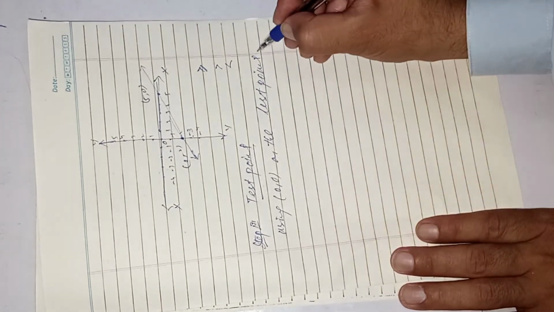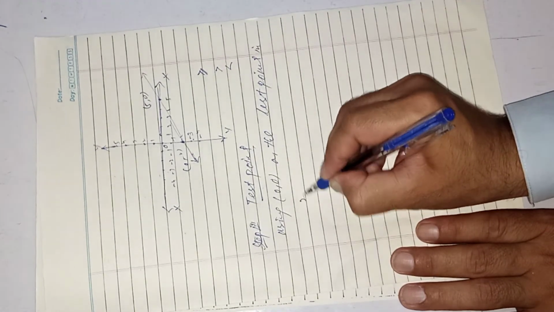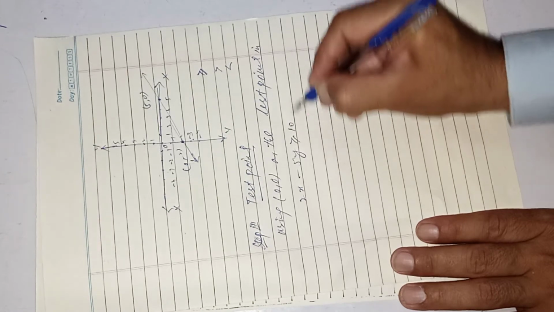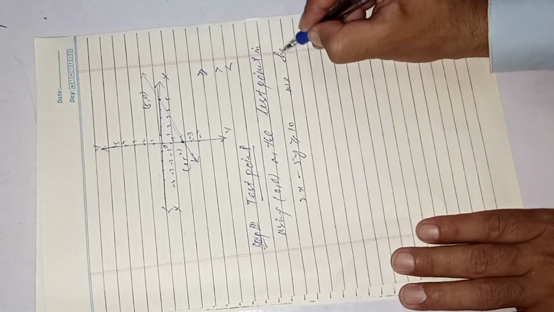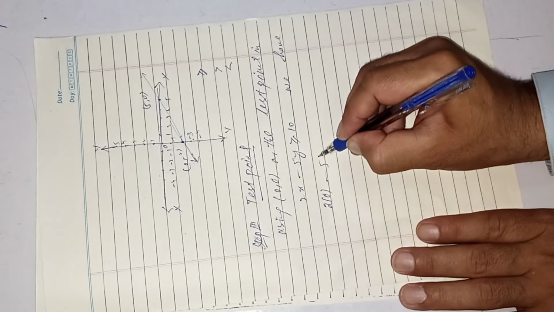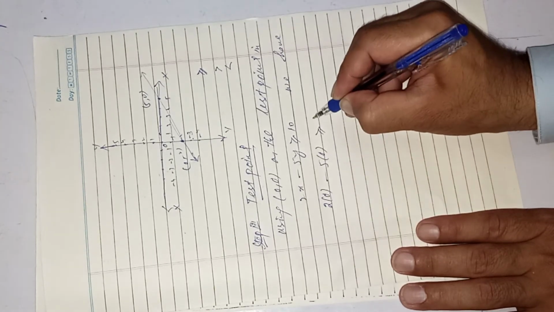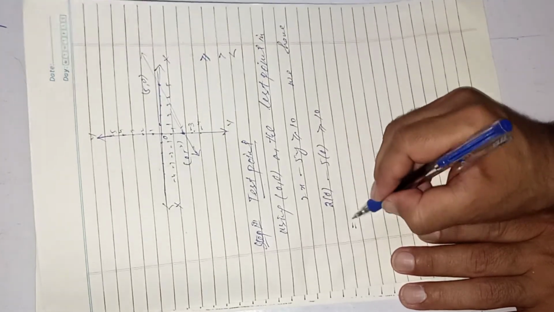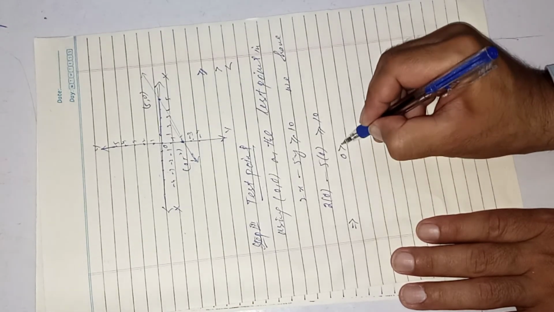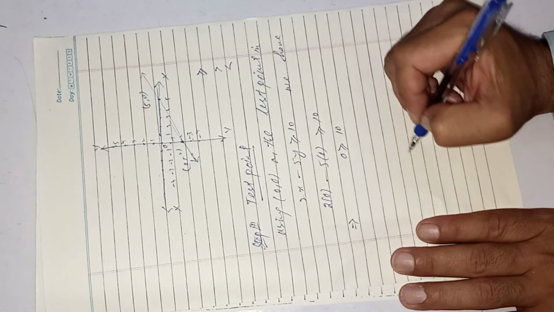in 2x minus 5y greater than or equal to 10, we have 2 into 0 minus 5 into 0 greater than or equal to 10. This implies 0 greater than or equal to 10.